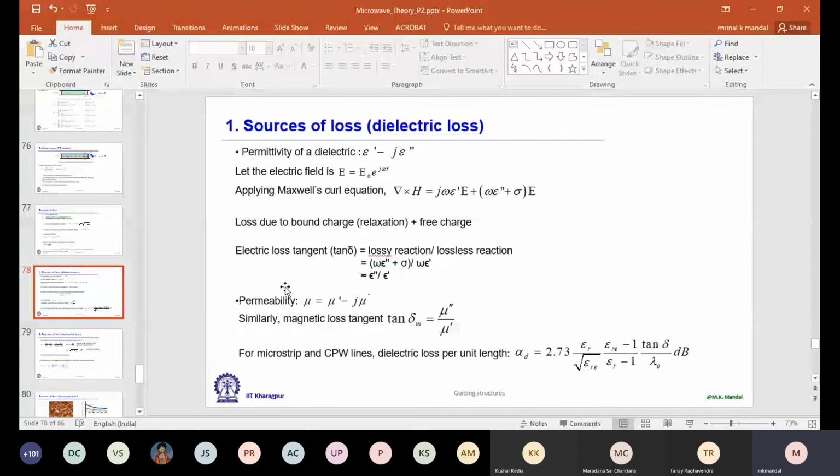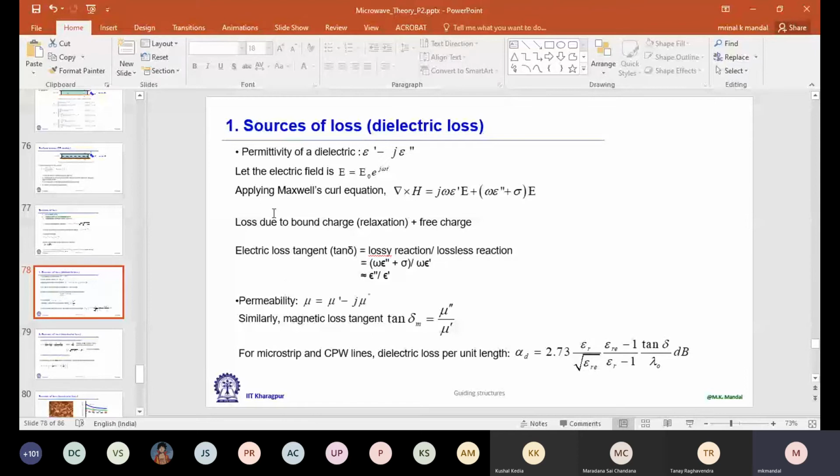But practically, when we measure it, it actually increases. Why? Because in this expression we assume that epsilon double dash is not a frequency parameter, but practically it is. You go back to that substrate chart and see the value of loss tangent at, let's say, 10 megahertz and at 10 gigahertz. So epsilon double dash increases with frequency, and effectively even for semiconductor materials, loss tangent increases.